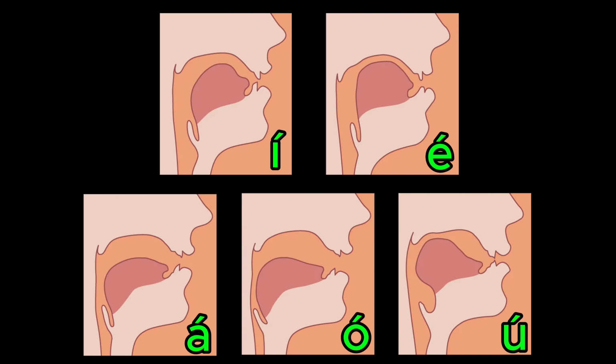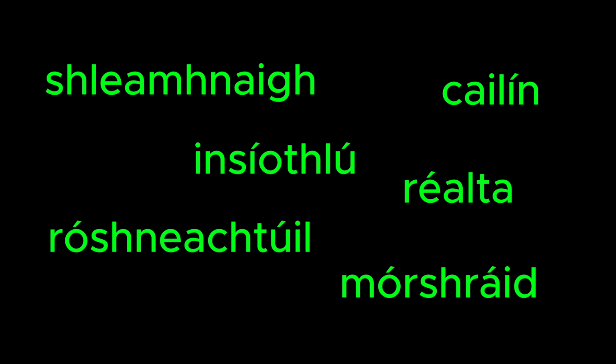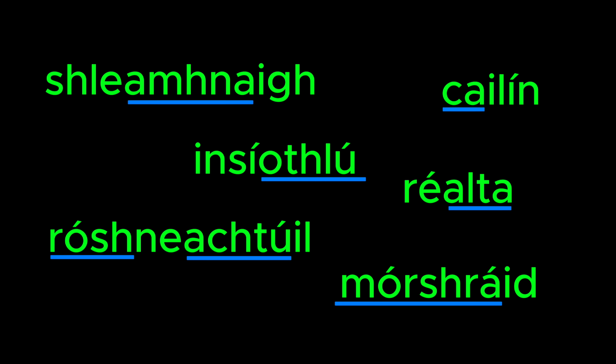This is the distinction between slender vowels, I and E, and broad vowels, A, O, and U. Now if we look at some random Irish words, another pattern emerges. These broad and slender vowels flank consonants and give them a broad or slender quality.